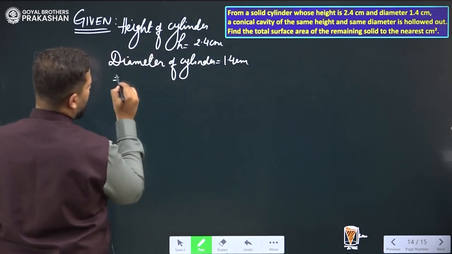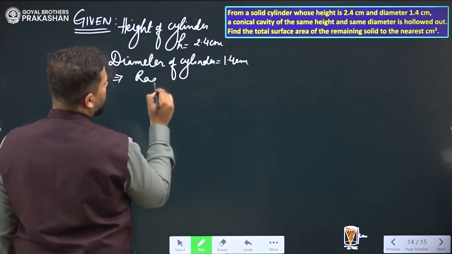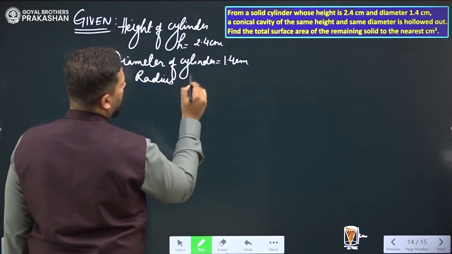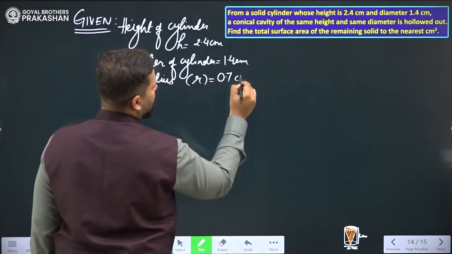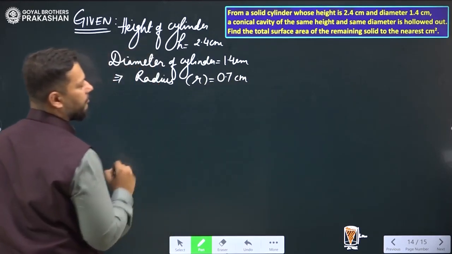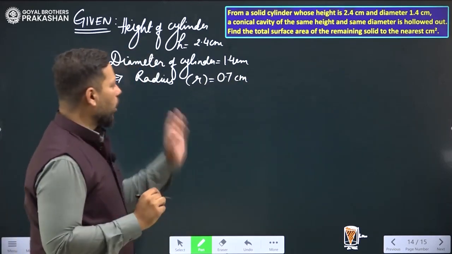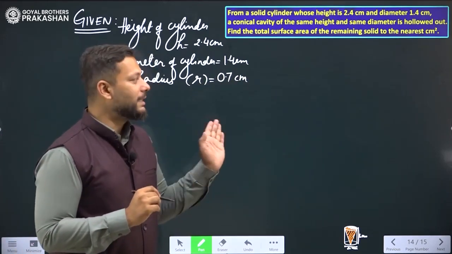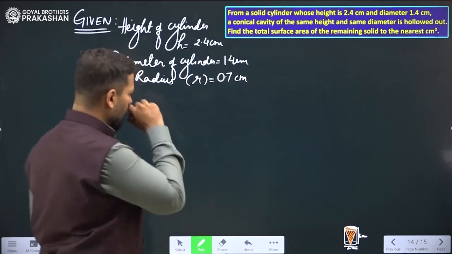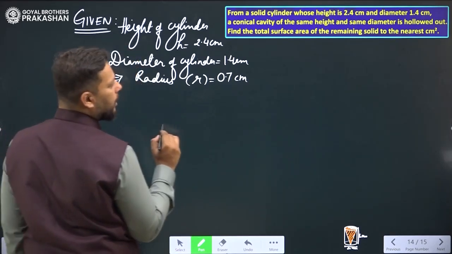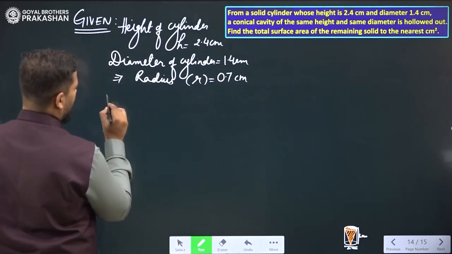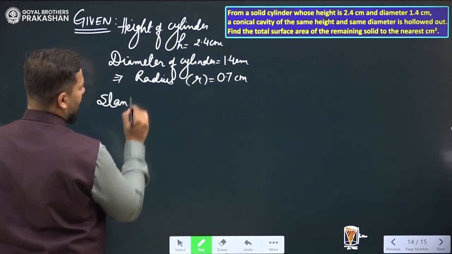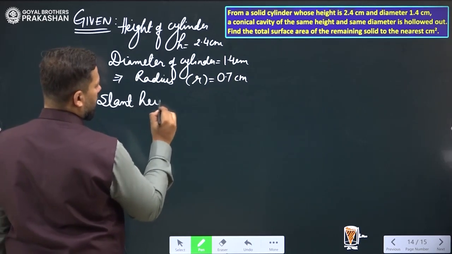So this implies that radius for the same, that is r, will be 0.7 centimeter, half of the diameter of the cylinder. Also, this radius will be the radius of cone. So if it is also the radius of cone, we need to find one important thing, that is the slant height. So what is going to be the slant height of the cone?